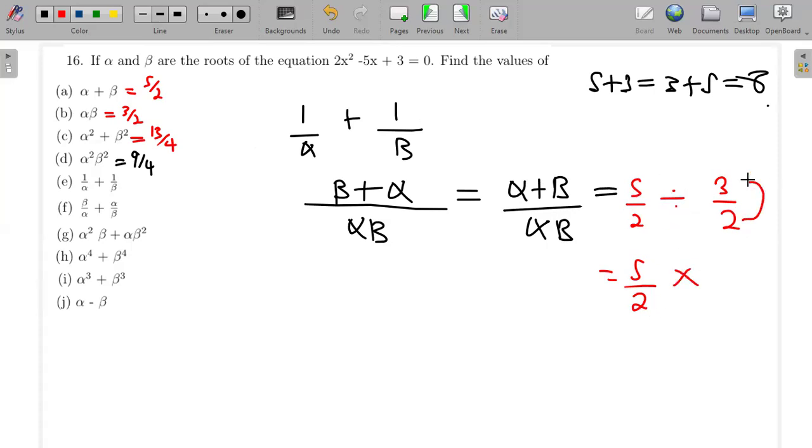So meaning this goes up, this comes down. So we have 2 over 3. Okay, so 2 there cancels with the 2 there. So I have 5 multiplied by 1 here, 5. 1 here multiplied by 3, 3. Okay, so that will be the value of 1 over alpha plus 1 over beta. So that is 5 over 3.